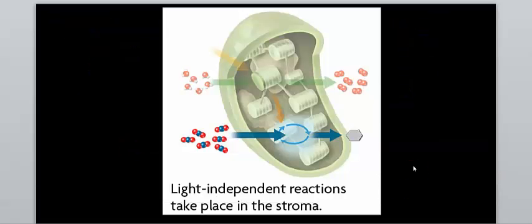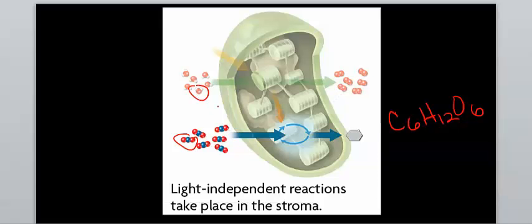And there's a diagram from the book. So these three carbons are CO2s, and these here are waters. Waters are also used to make sugar, because remember, glucose is C6H12O6. So it's not just CO2.